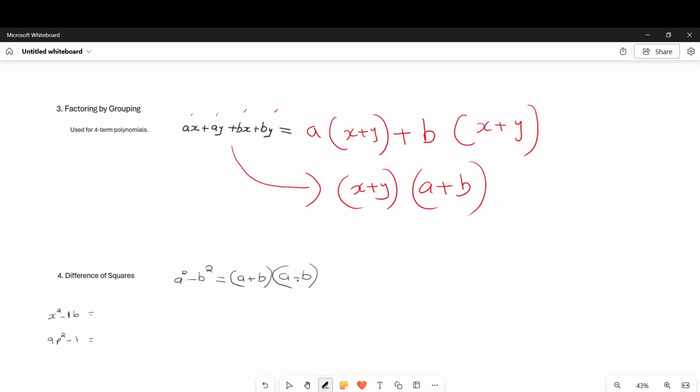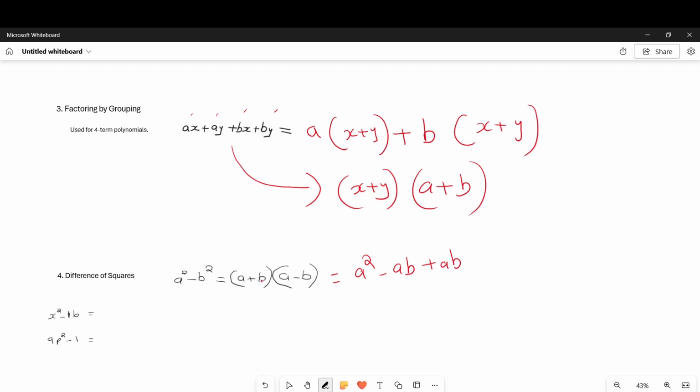Why is that? If you have any doubt, we can just expand this form. So a times a is a square, then a times minus b is minus ab, then b times a is plus ab, then b times minus b is minus b square.